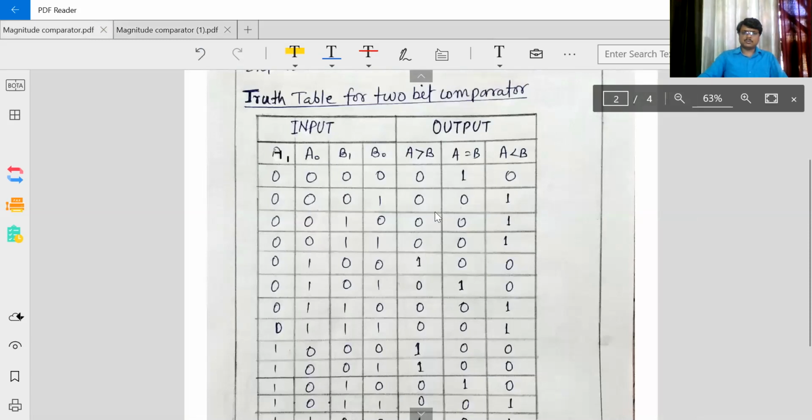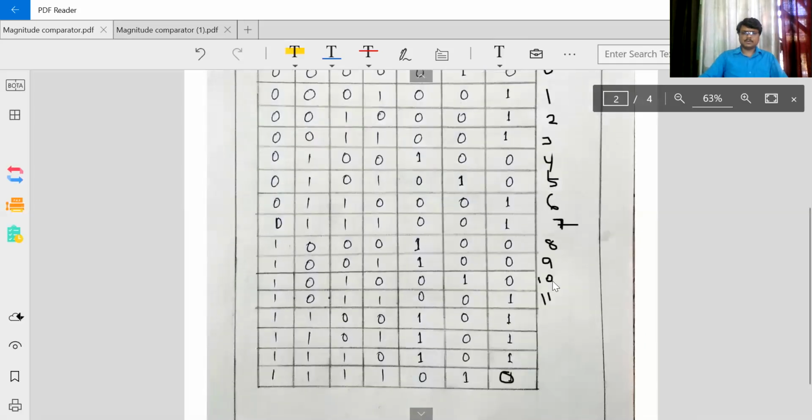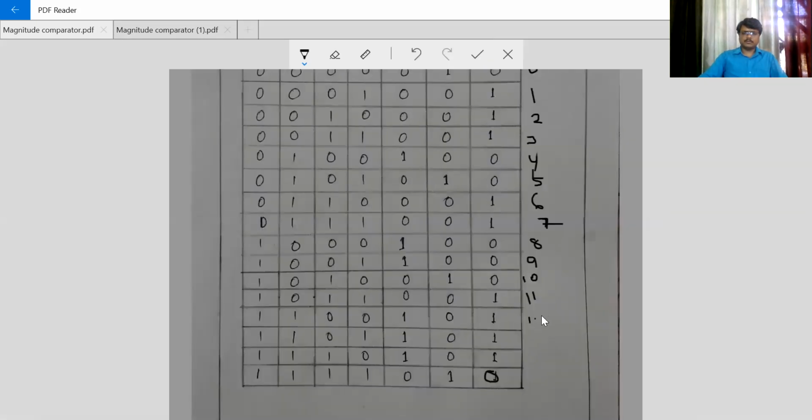We will have to write here 0 1 2 3 4 5 6 7, 8 9 10 11, and here 12, 13, 14, and 15.